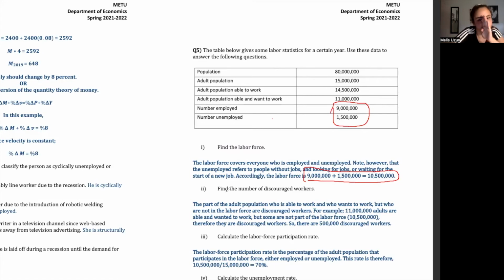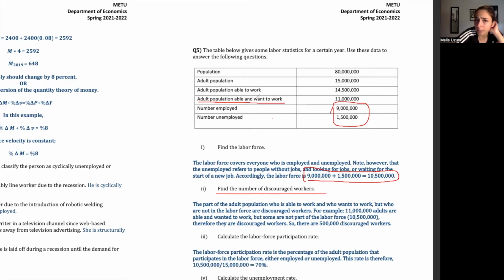The second question asks us to find the number of discouraged workers. Discouraged workers are not in the labor force. So if we subtract the labor force from the adult population able and wanting to work, we will find the number of discouraged people.